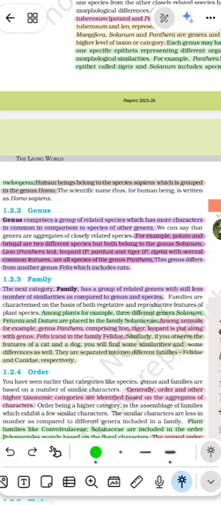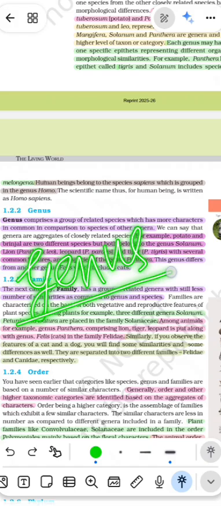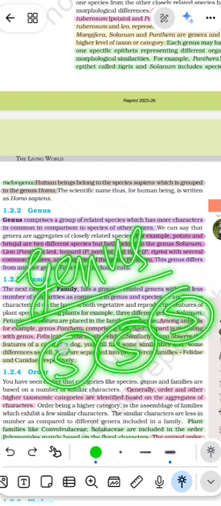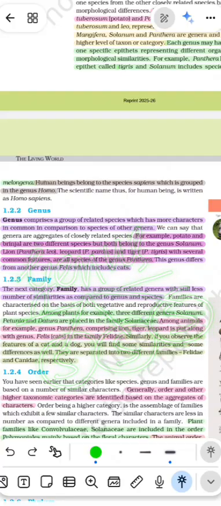Lion, leopard, and tiger, Panthera leo, Panthera pardus, and Panthera tigris, with several common features, are species of genus Panthera. Genus is nothing but some closely related species with common features.